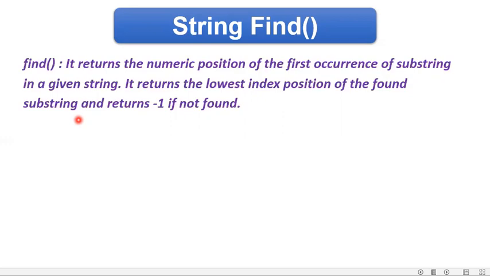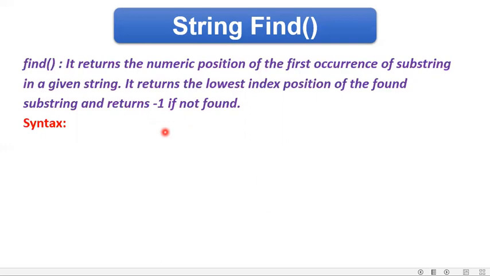So I will get the result as 4 because my substring is starting at the 4th index position. And this is known as my lowest index position in the string. And in case the substring is not found, then this find function will return me -1, which is indicating that the substring is not found. The search has failed.